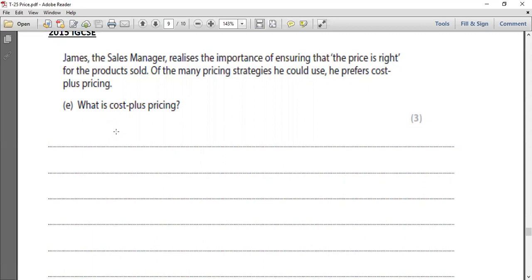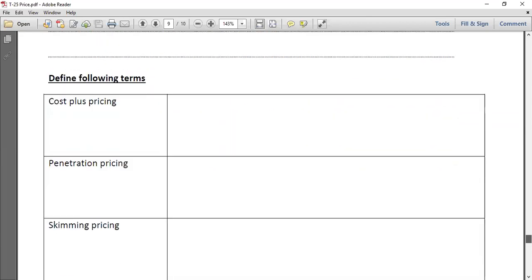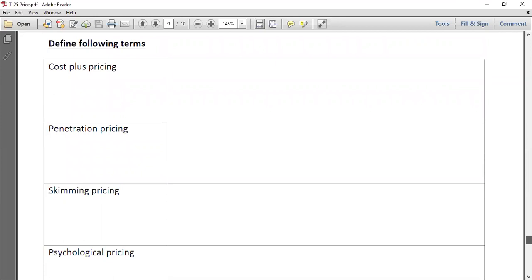Cost plus pricing is a pricing technique which adds a percentage markup to the cost of the product. You can even explain it with an example. This definition section is important, and a 1-mark definition question can ask you to define these pricing strategies.